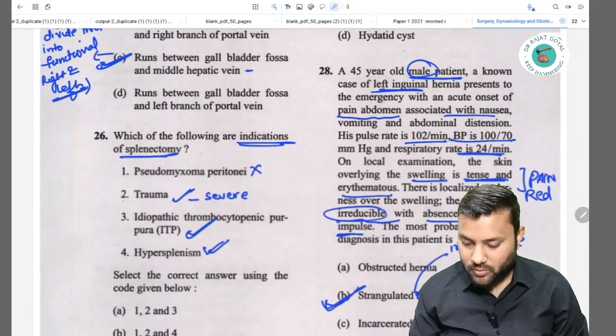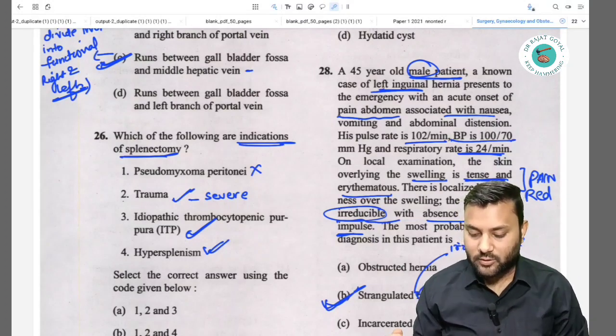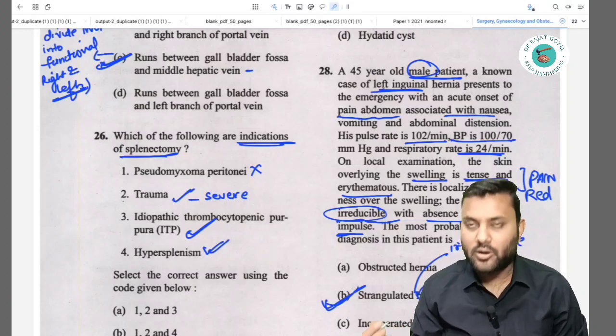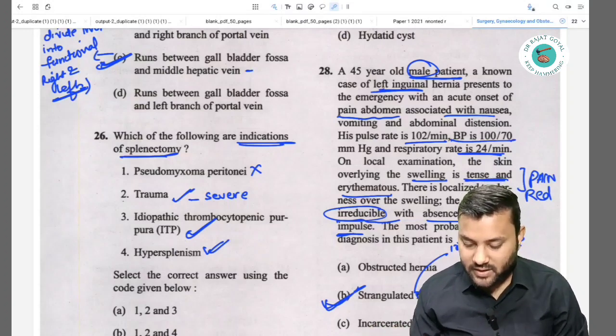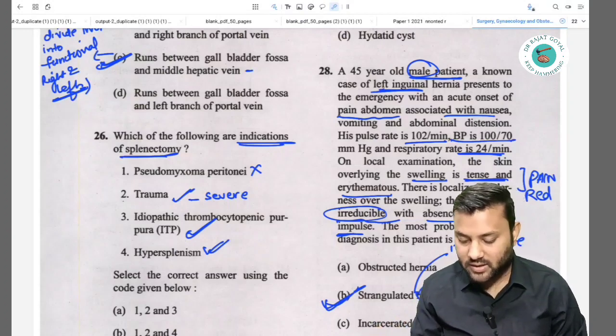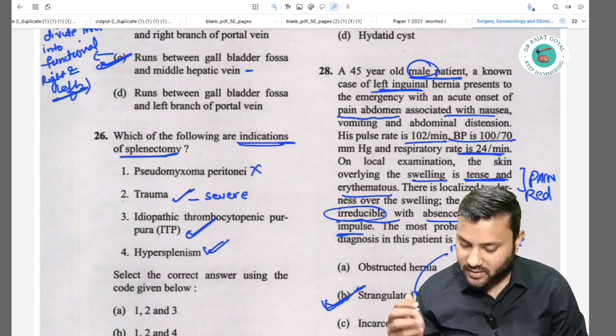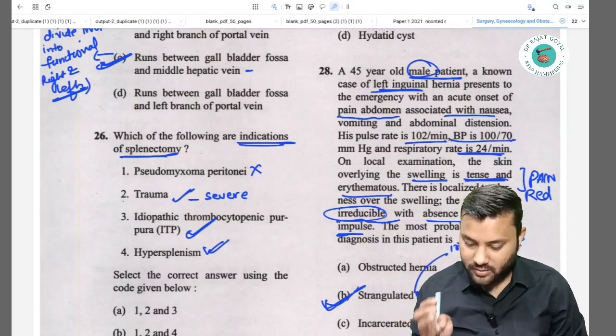A 45-year-old patient, a known case of left inguinal hernia, presents to the emergency with acute onset of abdominal pain associated with nausea, vomiting and abdominal distension. His pulse rate is 102 per minute, BP is 100 by 70 and respiratory rate is 24 per minute. On local examination, the skin overlying the swelling is tense and erythematous.